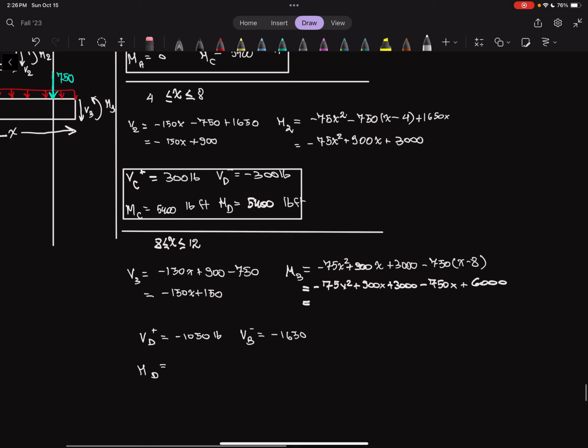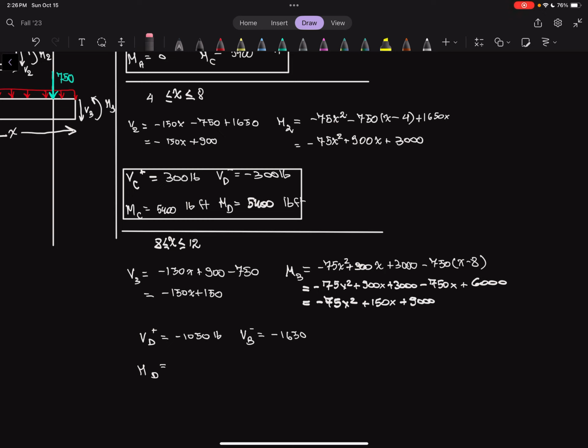And so if we add all these things up, we get minus 75x squared plus, so minus 75x plus 18,000. No, I don't know where I got that because I wasn't looking at the 900. Okay, so plus 150x plus 9,000.